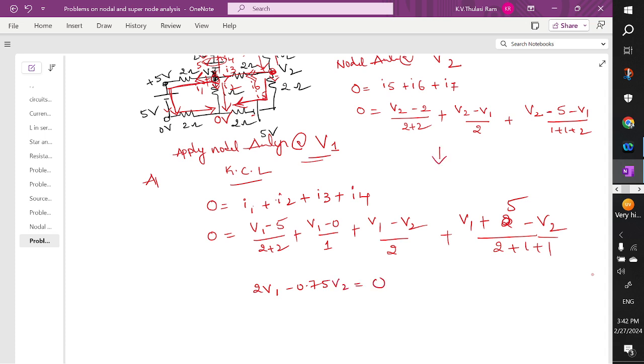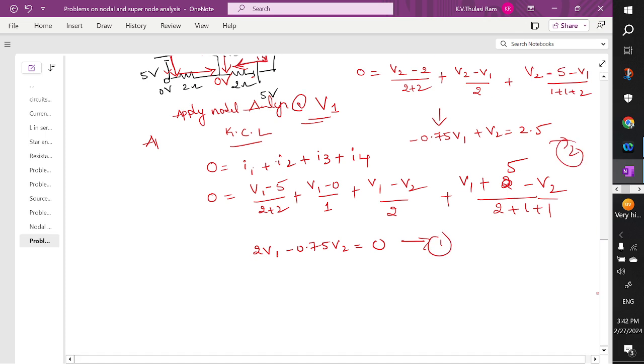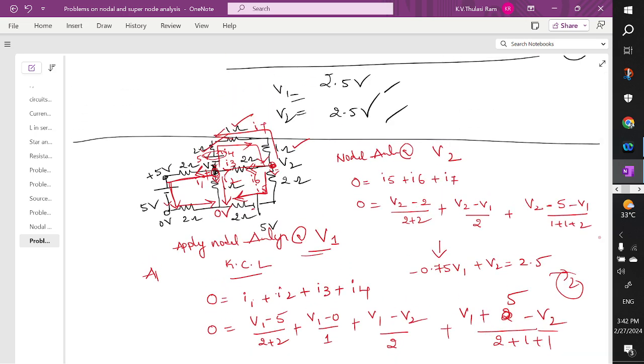When you solve it, you are going to get the second equation as minus 0.75 V1 plus V2 is equal to 2.5. Use your calculator, you can solve these two equations. Then what is asked in the question, you are going to get V1 as 1.304 volts as well as V2 equal to 3.478 volts. This is how to solve the complex problems.